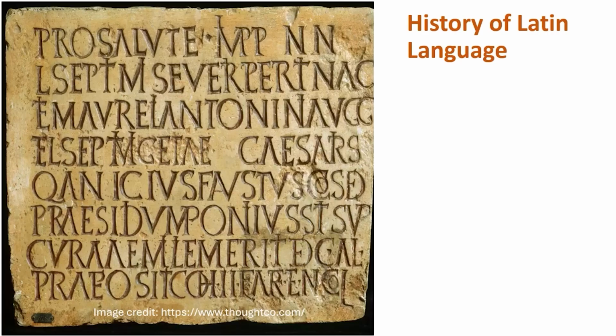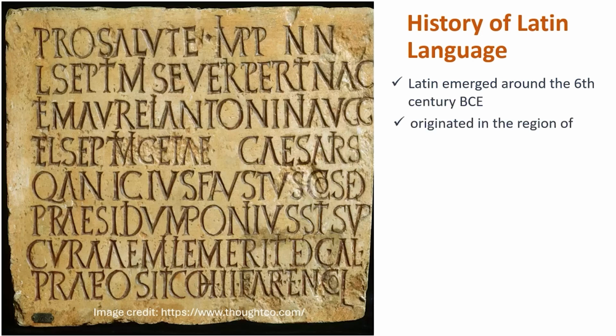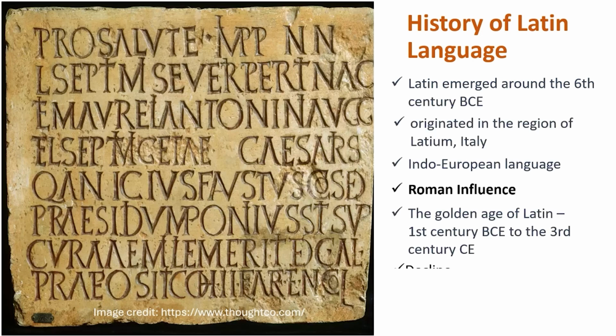As you may know, the history of Latin language is quite extensive and it spans over millennia. There are plenty of YouTube videos on the history of Rome. There are a lot of documentaries you can watch. So I'll just keep it brief here, relevant to our topic.